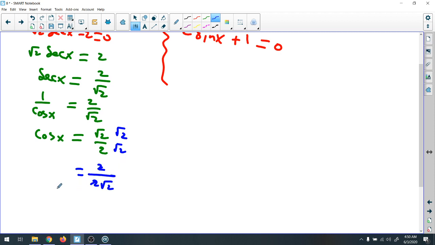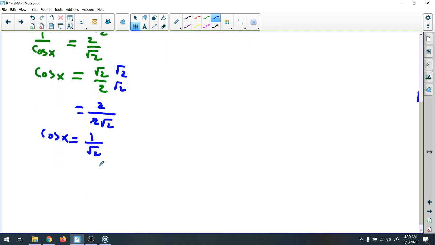So cosine will be 1, which is adjacent, divided by square root of 2, which is hypotenuse. The reason for making it like that is because we want to know easily where the adjacent is and where the hypotenuse is, for not confusing.